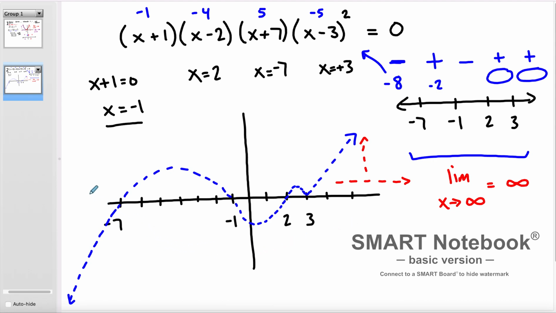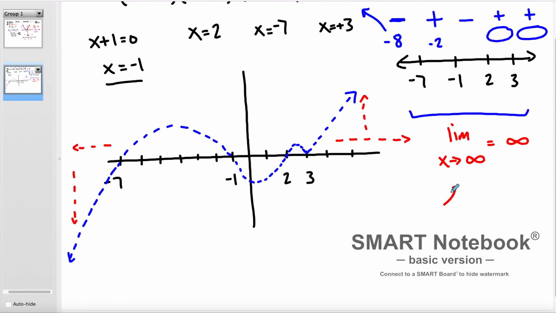We'll analyze the end behavior on the left as our x values approach negative infinity. Well, you can see our y values also approach negative infinity. So we can say the limit as x approaches negative infinity equals negative infinity, right? Now, I don't think you have to worry so much about this notation yet, but it's coming, so you might as well get used to it. Okay.